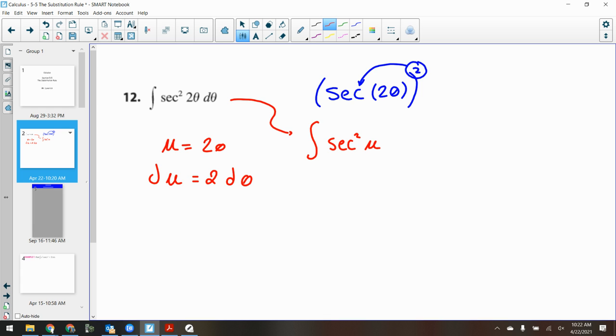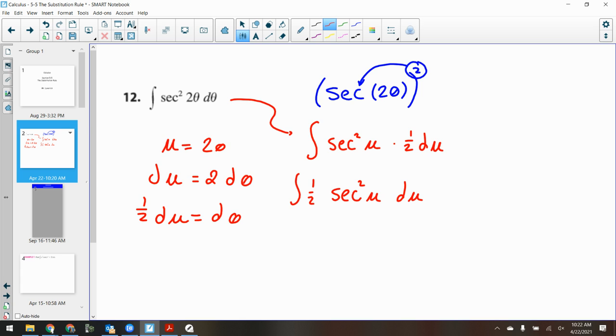So what is d theta equivalent to? 1/2 du. So this has got to be secant squared u times 1/2 du, which I can rewrite as the integral of 1/2 secant squared u du.